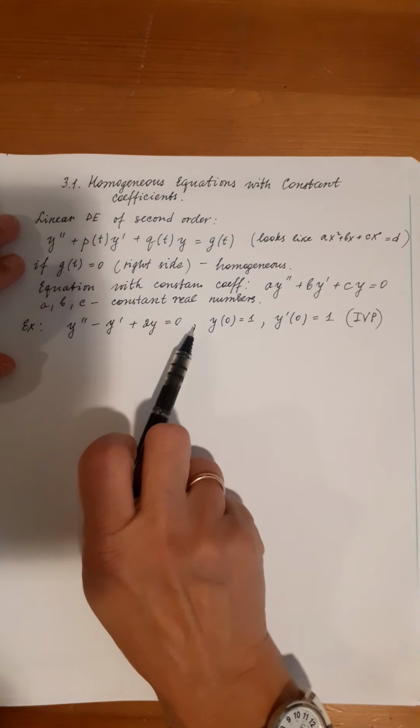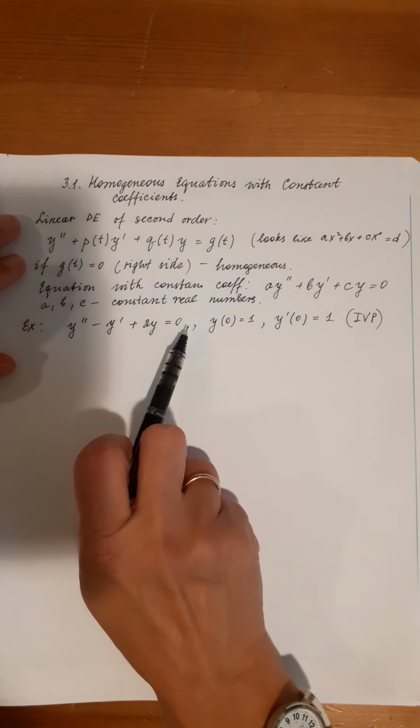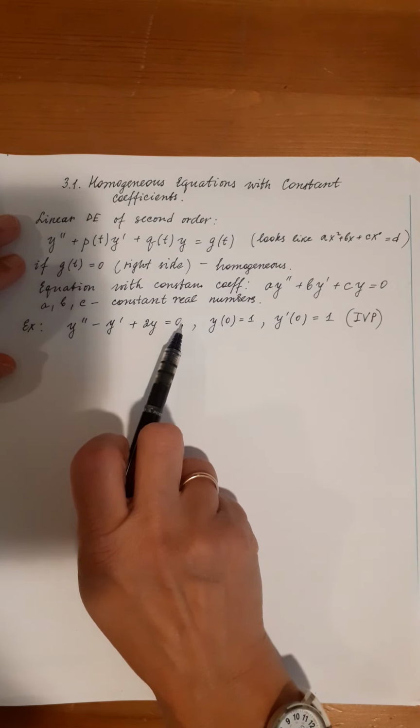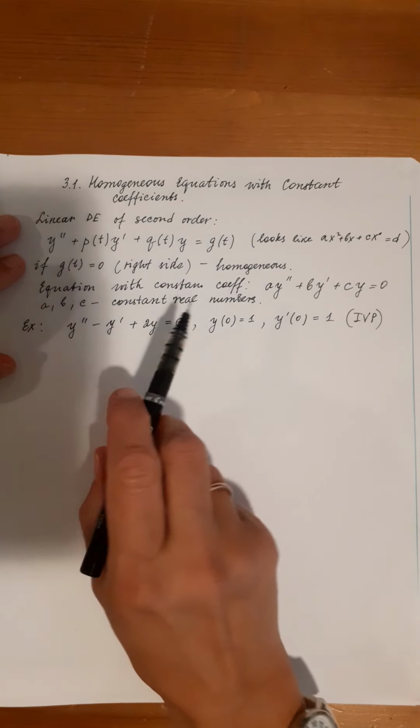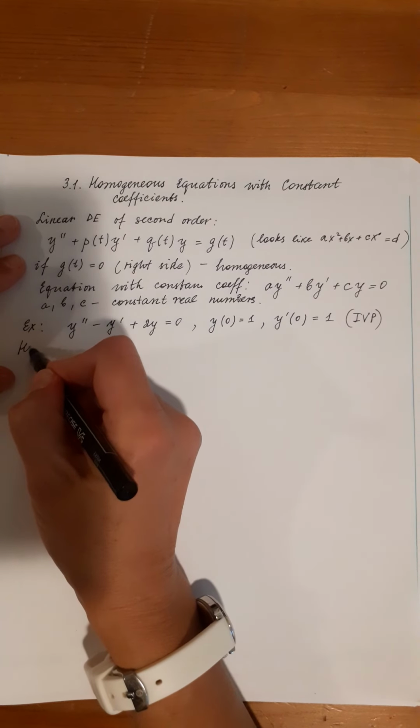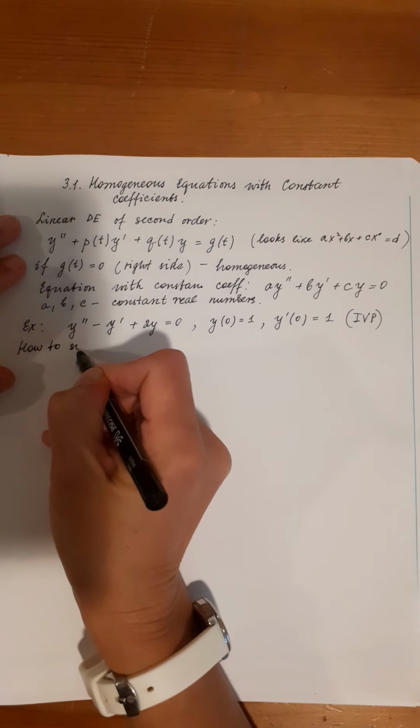We are not going to solve this example right now. We are going to first develop a method: how do we solve equations like this, and then solve something similar. Okay, so the question is how to solve.